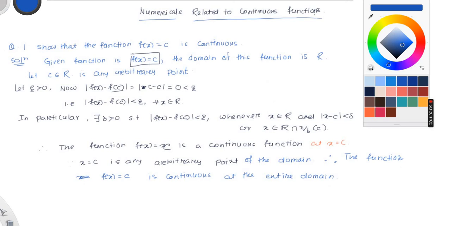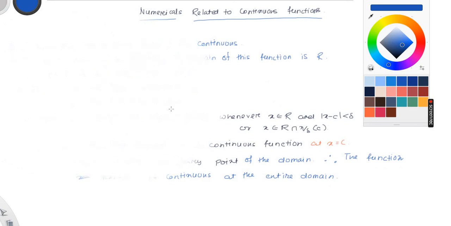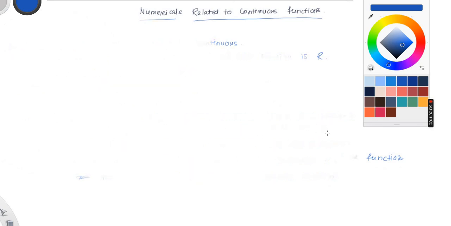So let us now solve another problem which is also related to continuous functions. Question number 2.